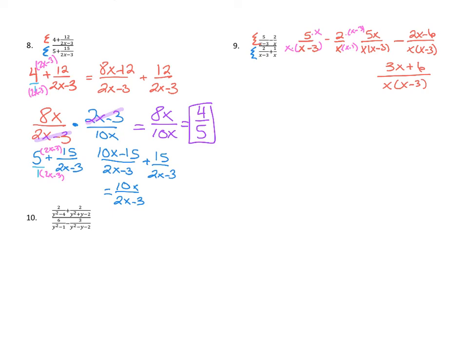Okay, now I'm going to work on the denominator. So my denominator was 2 over x minus 3 plus 1 over x. So again, I want to get a common denominator. And my common denominator, again, is just going to be x times x minus 3.